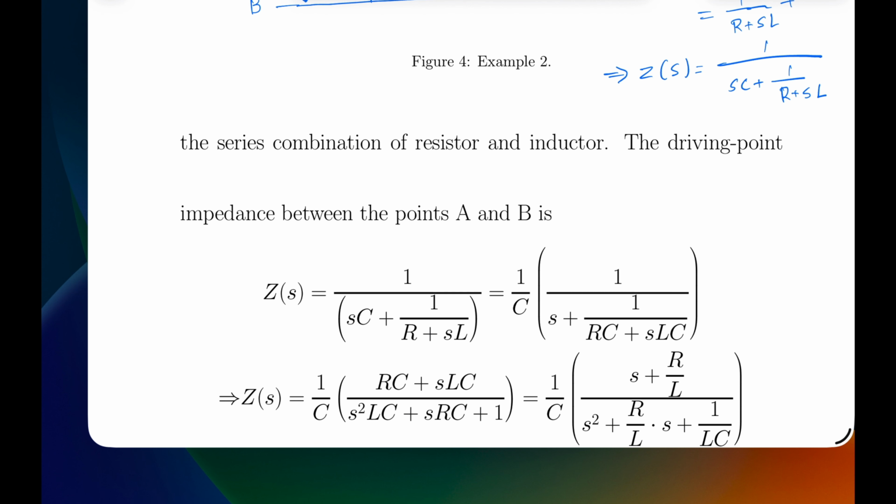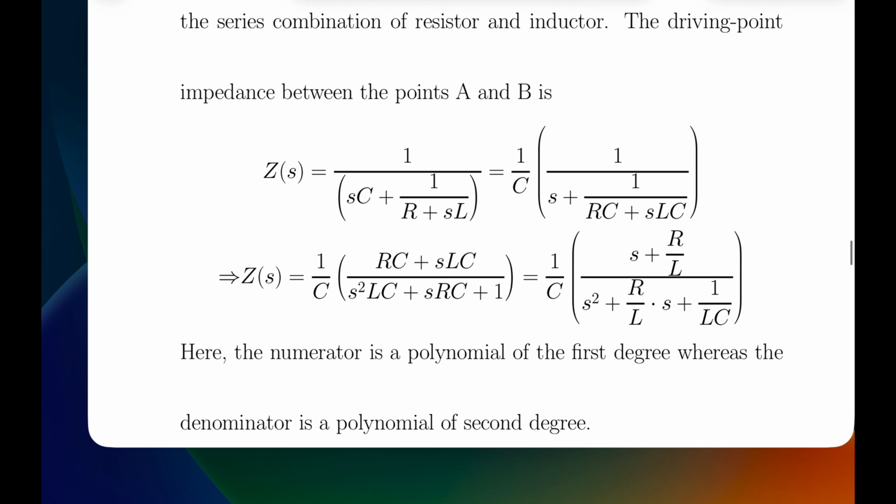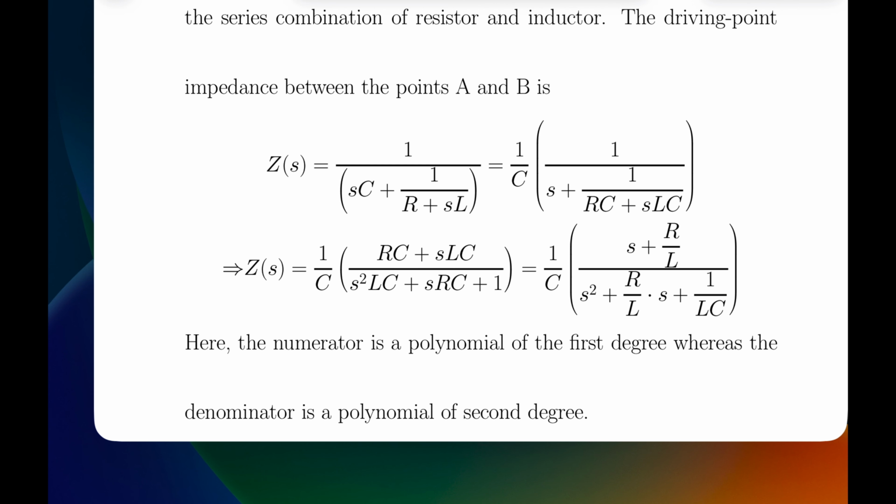Clear? So from this expression, take out C common from the denominator. This leaves us 1 upon s plus 1 upon RC plus sLC. If you go on simplifying, this comes out to be 1 upon C, within the bracket s plus R upon L, divided by s square plus R by L into s plus 1 by LC.